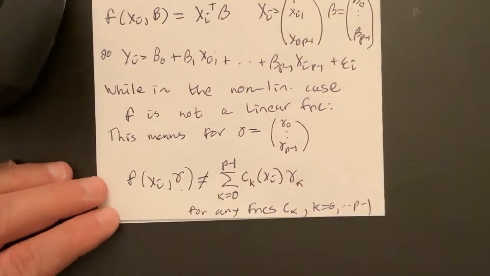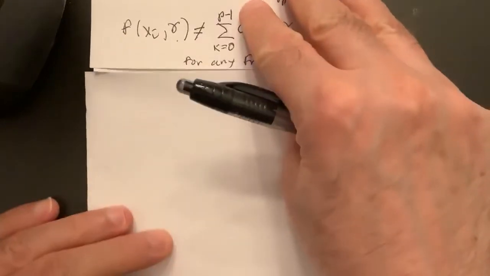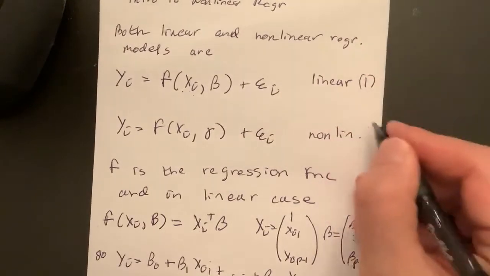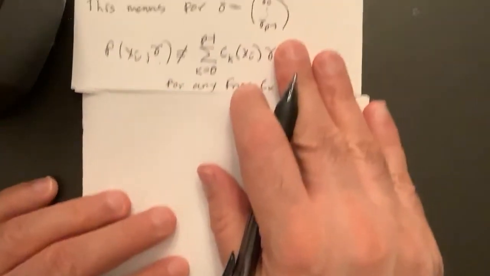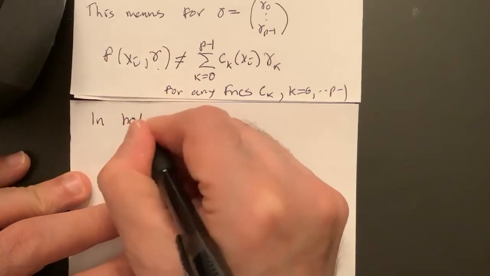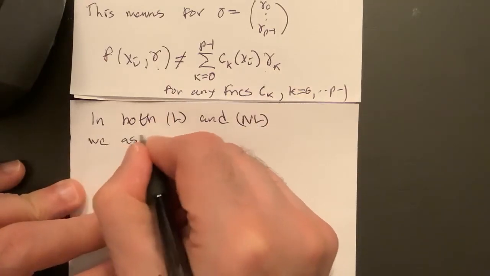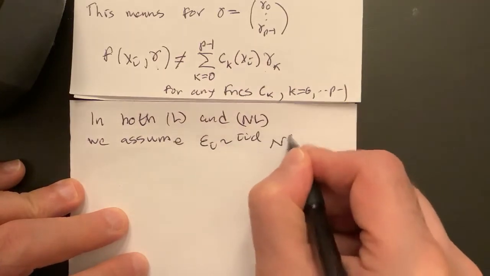Oh yeah, a few more comments. So let me get another piece of paper going. So in both, we'll call this linear and nonlinear, in both L and NL, we assume IID normal 0 sigma squared.